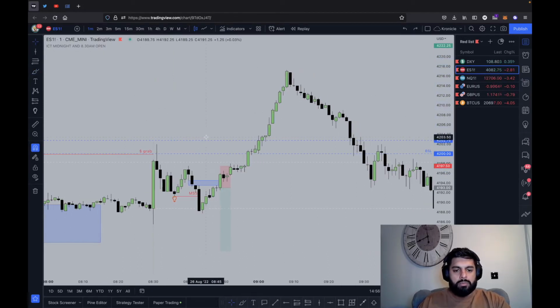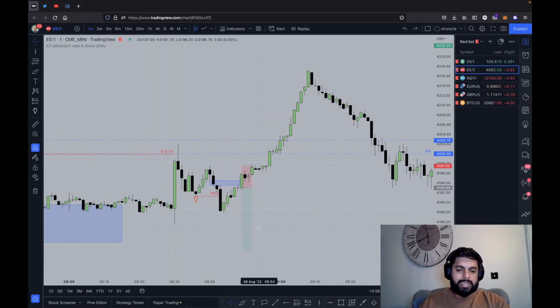But when I was watching this price action, I decided, yep, I'm looking for a short here. So we saw this liquidity grab and saw the price drop back down, retrace, and then drop back down, create this displacement, create a fair value gap.